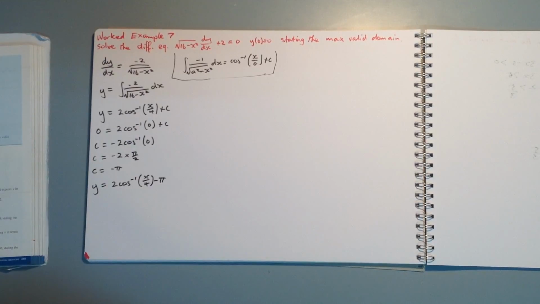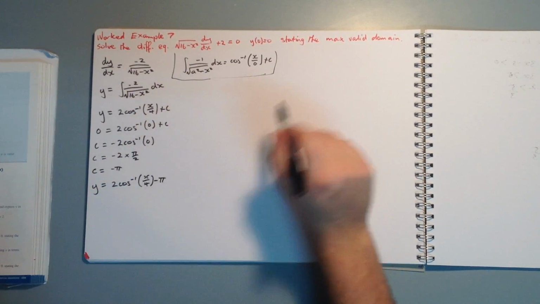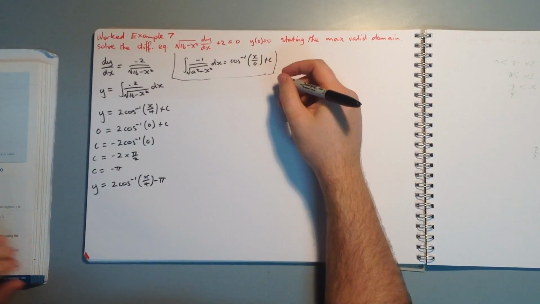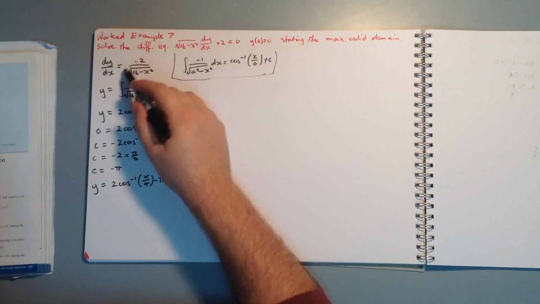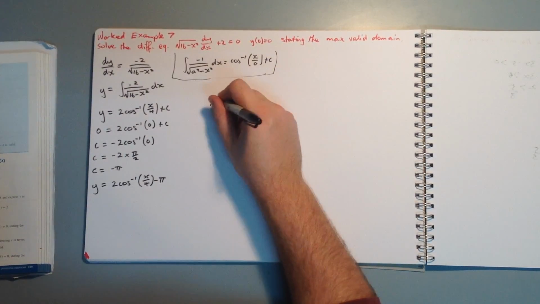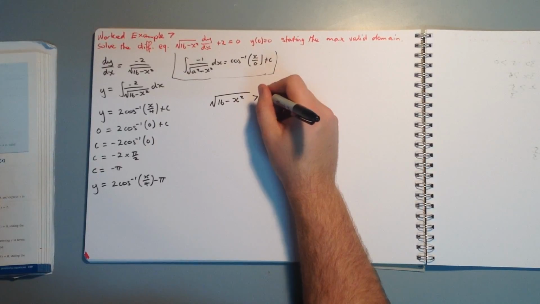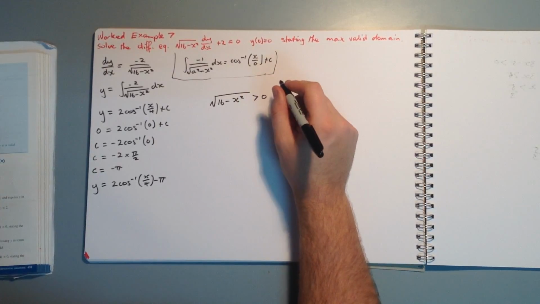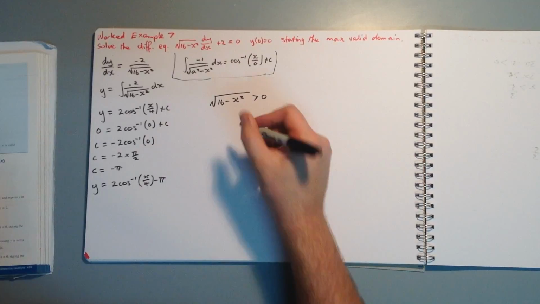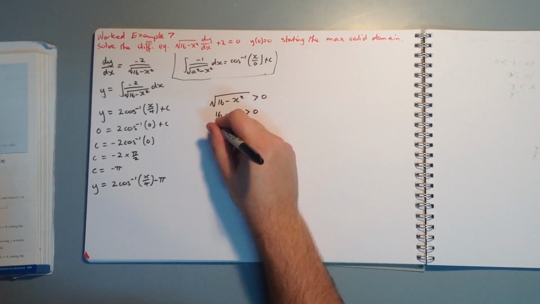Okay, we just need to have a quick look at our original function so that we can see what needs to happen with our domain. So again, we can say, well, we needed this bit to be positive, so our square root of 16 minus x squared needed to be greater than 0. If we square both sides, 16 minus x squared is still got to be greater than 0.